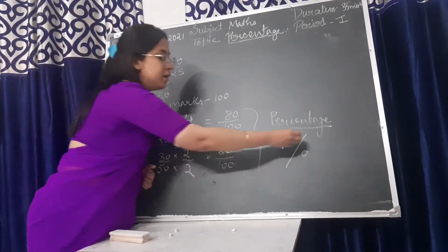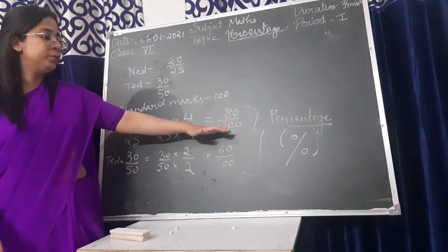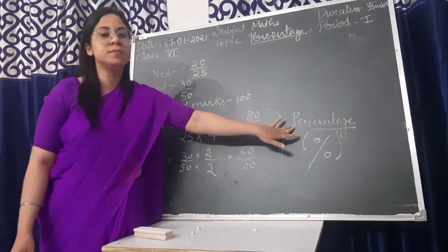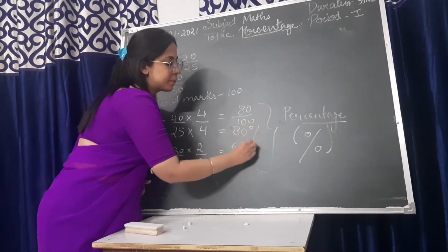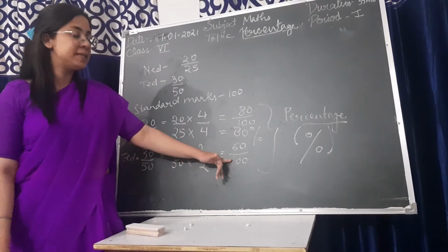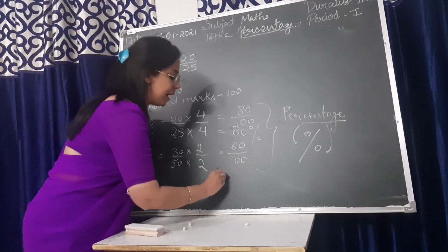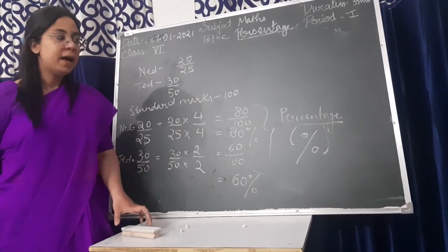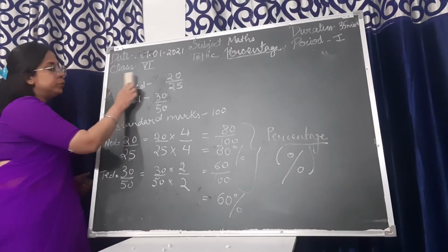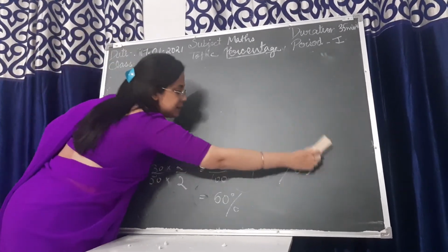So suppose if I have to tell 80 out of 100 in terms of percent, I would say 80%. If I have to say 60 out of 100, I would say 60%. I will give you some more examples to make you understand this concept.